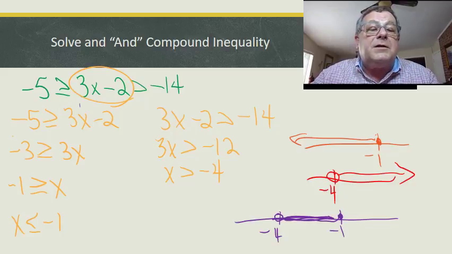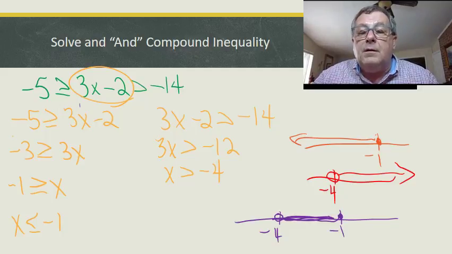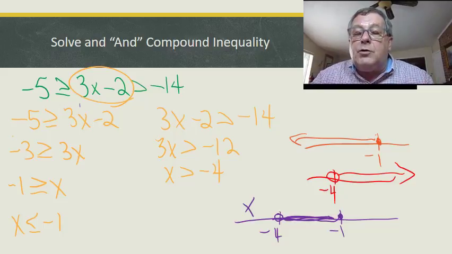Well, -5 is greater than or equal to -17. That would be true. But what if I put it in over here? Well, this is still -17. 3 times -5 minus 2, that's -17. Well, -17 is not greater than -14. So anything over here would not be true.